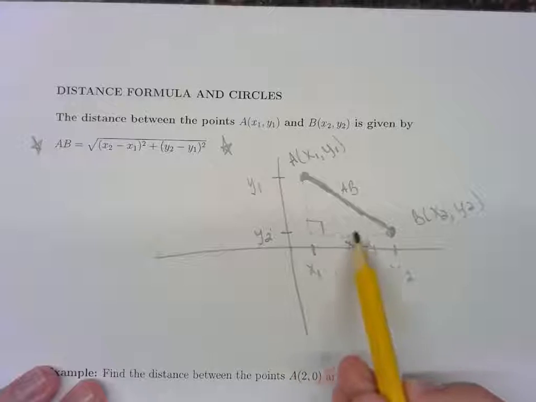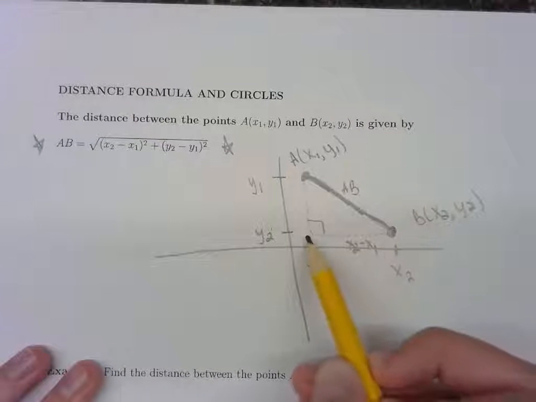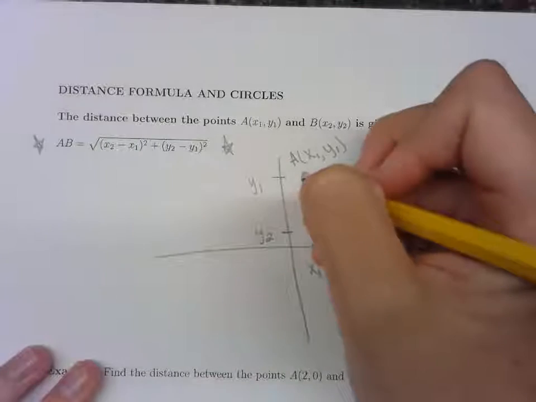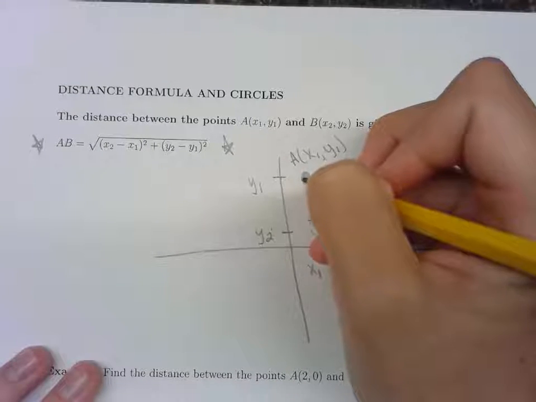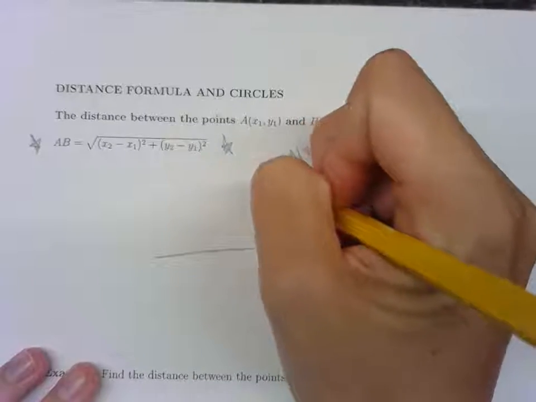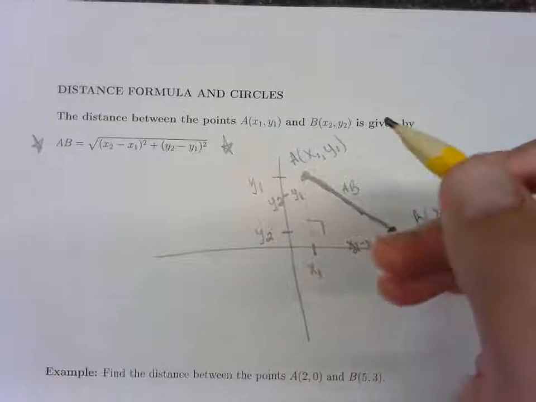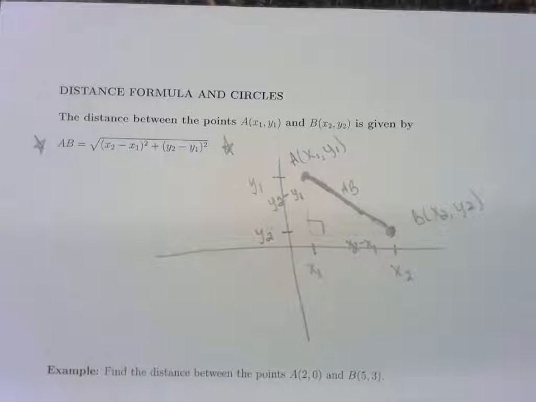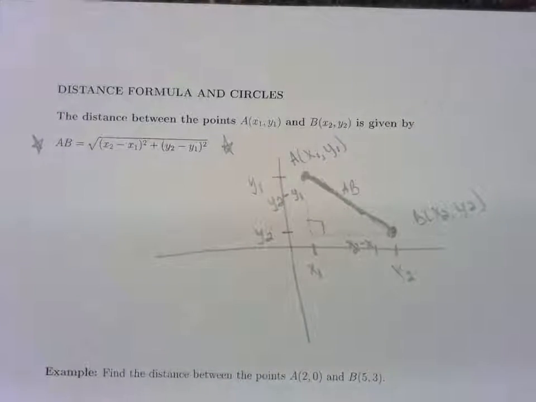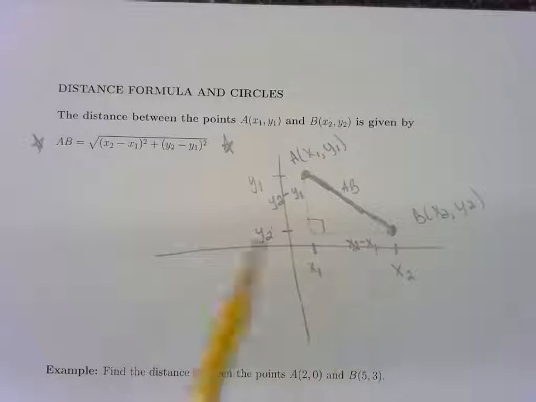If you have a straight line to find the distance between two points, you just subtract. Same thing here, I would probably do y2 minus y1, just to keep it the same. And we're going to square this because this is a right triangle, so it doesn't matter if you have y1 minus y2 or y2 minus y1. The only reason I used y2 here is because I started with x2 here.